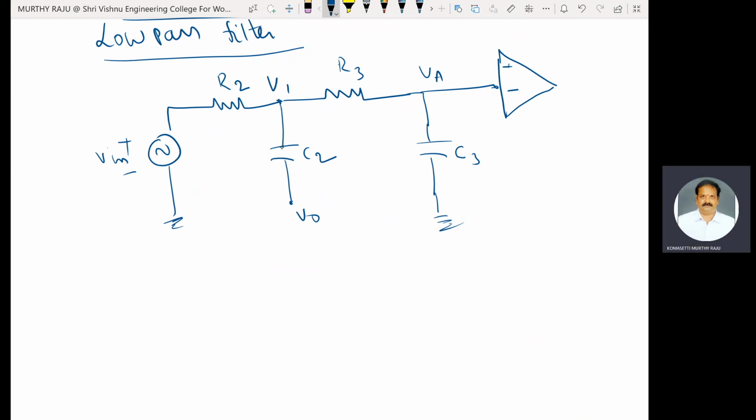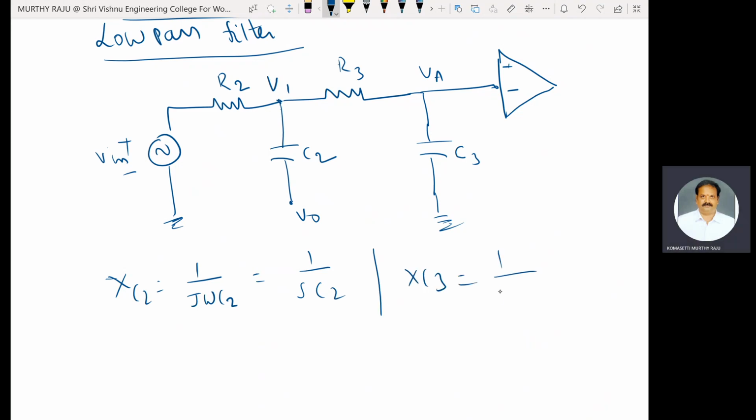Here we use the capacitive reactance, which we know is 1 by j omega C2. Convert this into Laplace transform: S is equal to j omega. Capacitive reactance XC2 is 1 by j omega C, that is 1 by S C2.